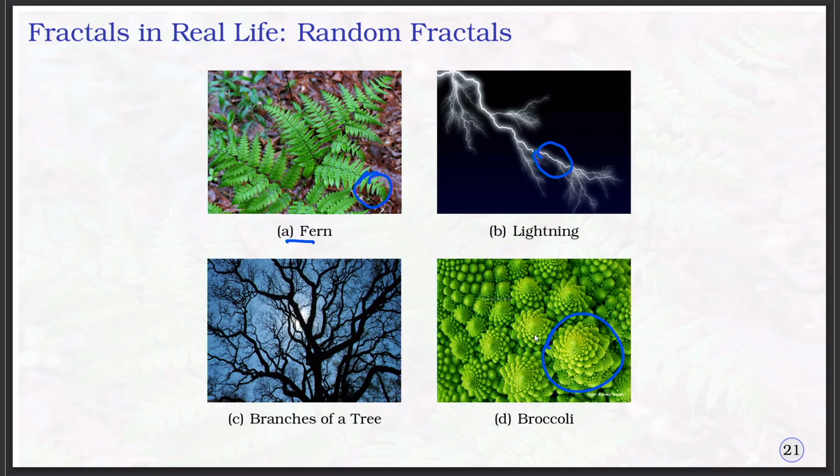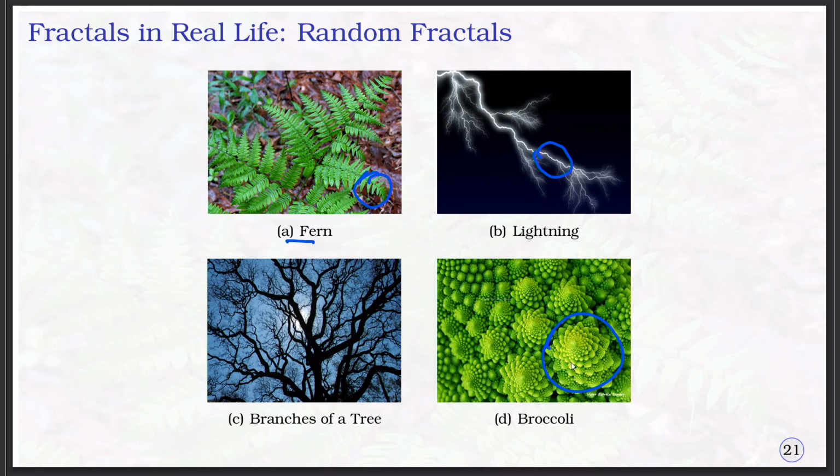Then what is the difference between this resemblance and the previous classical examples, the Cantor set, Van Koch curve and Sierpinski triangle? There they exhibit exact self-similarity, whereas these sets, the fan leaf, lightning, branches of the tree and broccoli, exhibit random self-similarity.